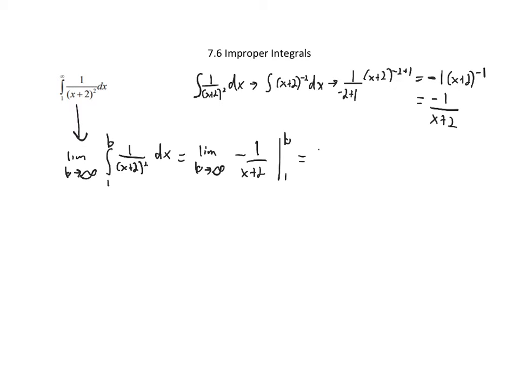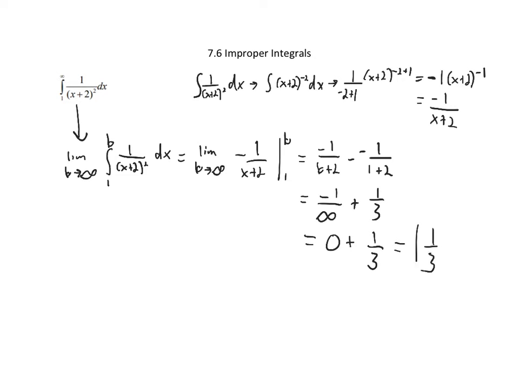That would be negative 1 over b plus 2, minus negative 1 over 1 plus 2. If we put infinity in for b, that's essentially negative 1 over infinity. Subtracting a negative, so plus 1 over 3. We get 0 plus 1 over 3, which is 1 over 3. So that is the value of that improper integral.